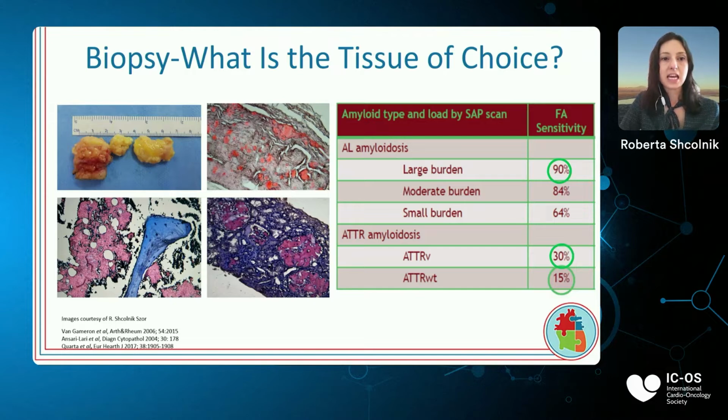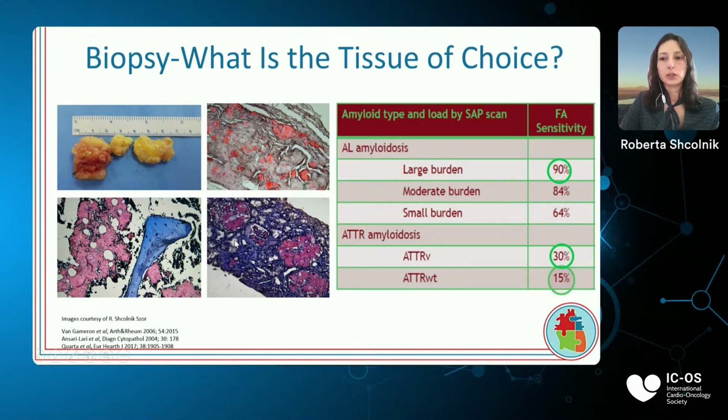We know that in AL amyloidosis, when we combine the fat pad and the bone marrow biopsies, we have a yield of about 85% in finding the amyloid material. But when we do not find the amyloid material in these two sites, we can go to a more invasive biopsy, biopsying the affected organ, such as the nerve, the kidney, or an endomyocardial biopsy.